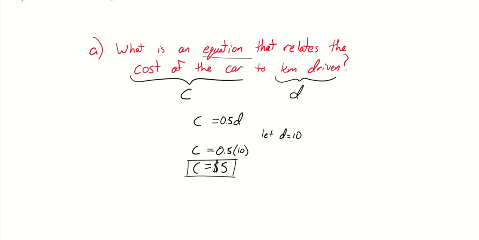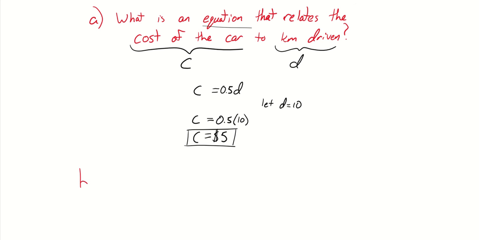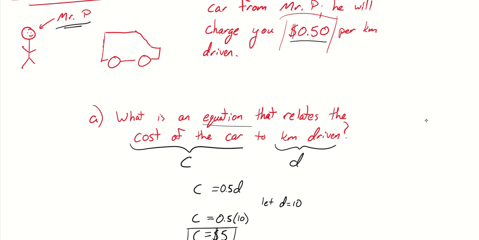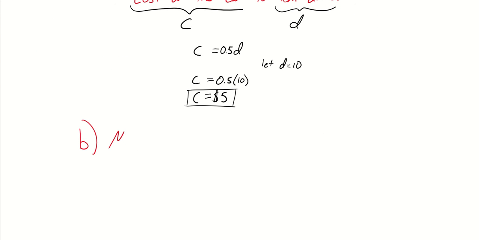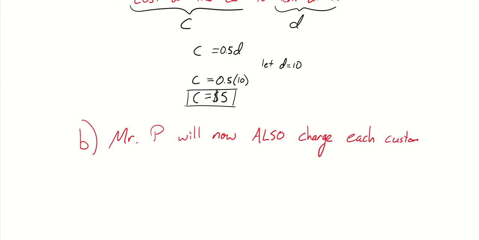So let's say for part B, not only am I going to still charge you 50 cents per kilometer driven, but Mr. P will now also charge each customer, including you, let's say $100 up front in order to rent the car.